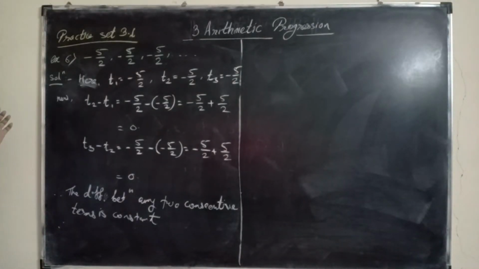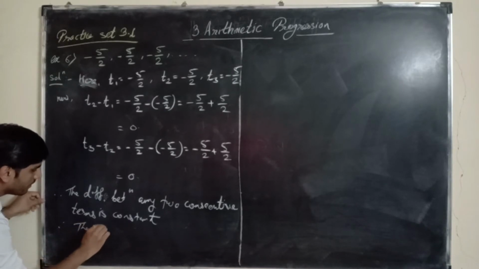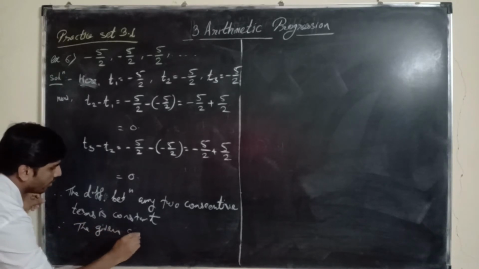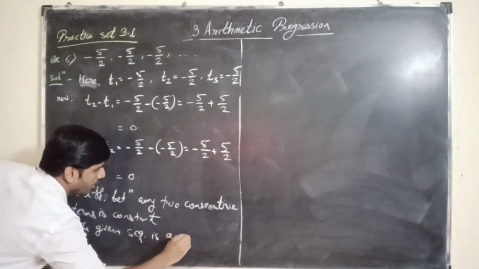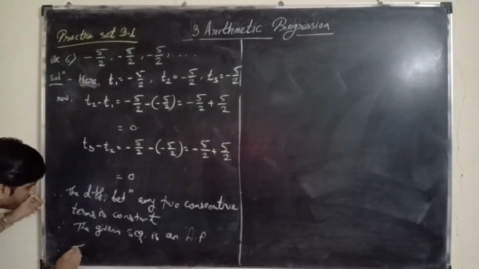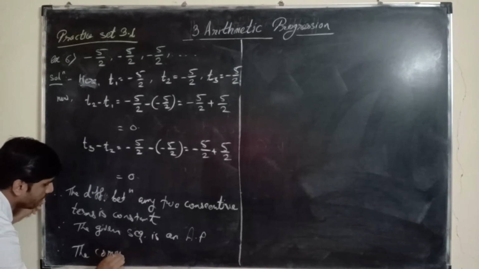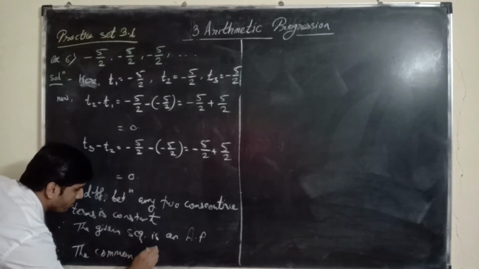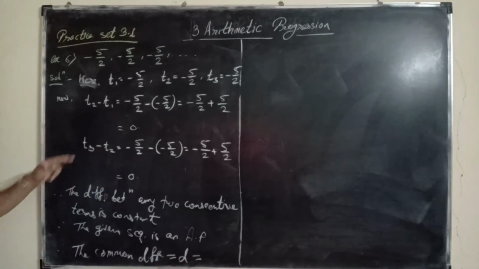Therefore, we can say that the given sequence is an arithmetic progression, that is AP. Therefore, the common difference, which is equal to D, is 0.